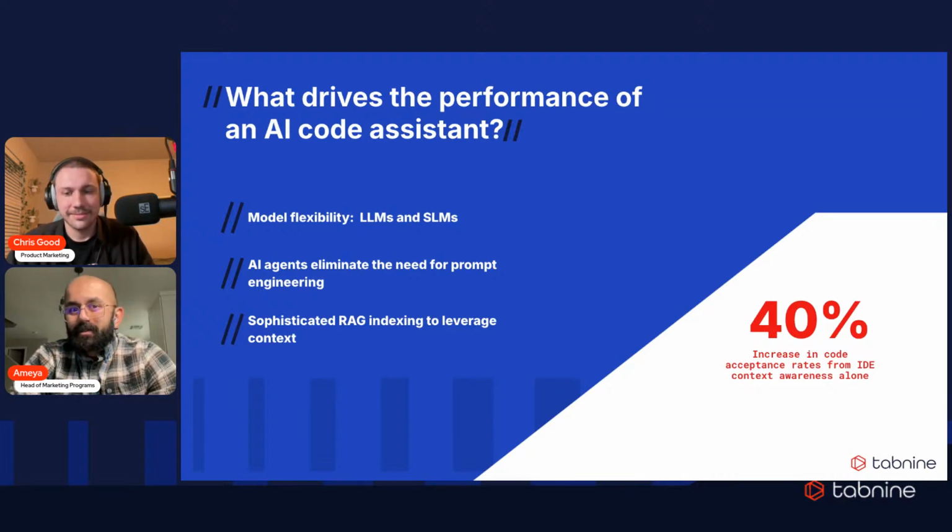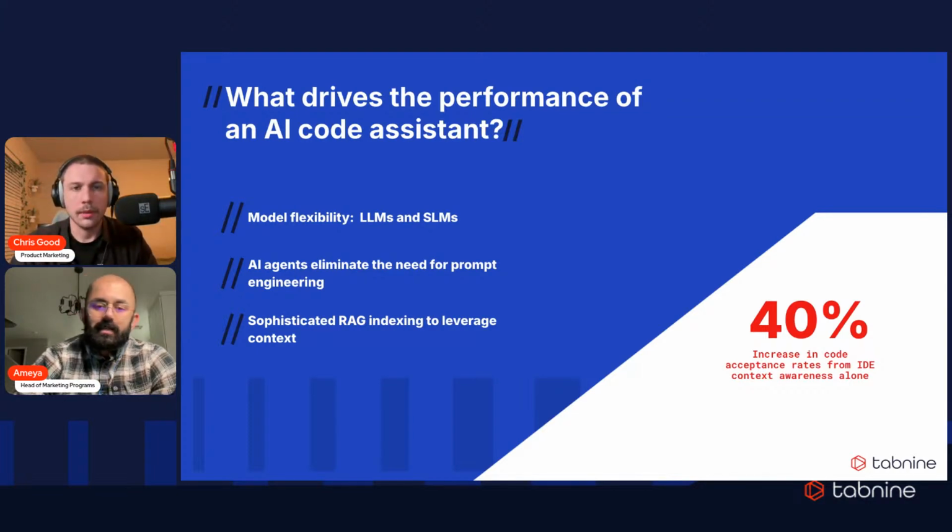Given also that all these LLM providers are training on the same data sets, these LLMs are going to run into a bit of a hard wall in terms of creating performance lifts from making the model bigger alone. And that's really why we're focused on increasing and optimizing our retrieval augmented generation to feed the right context from what you're working on into the model, because that's really what's going to drive the performance of your AI coding assistant today.